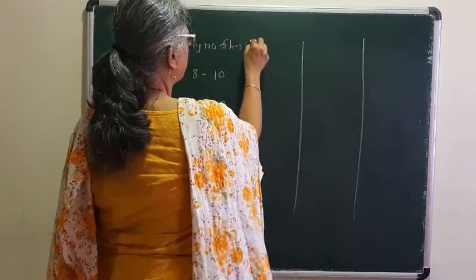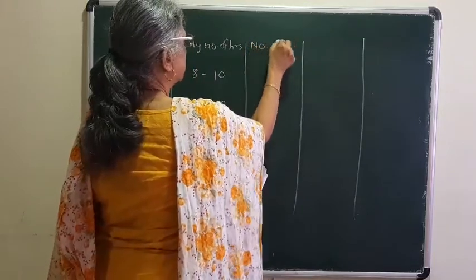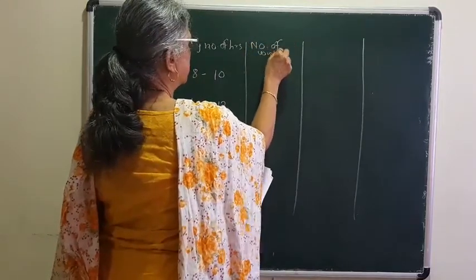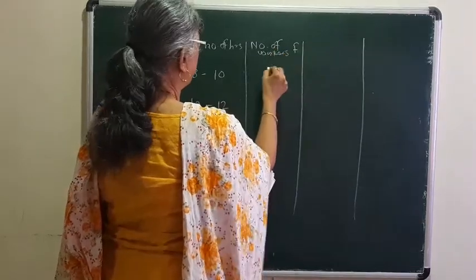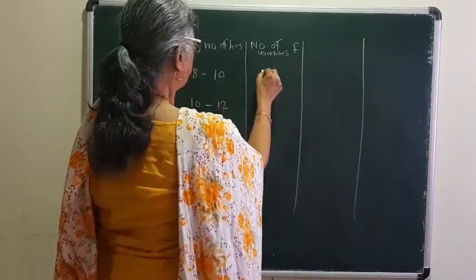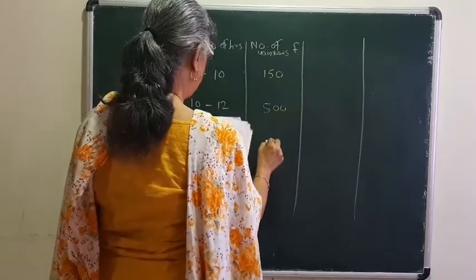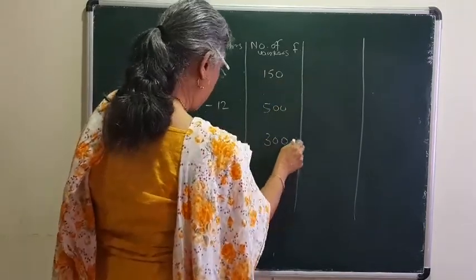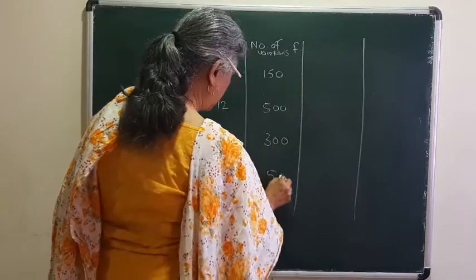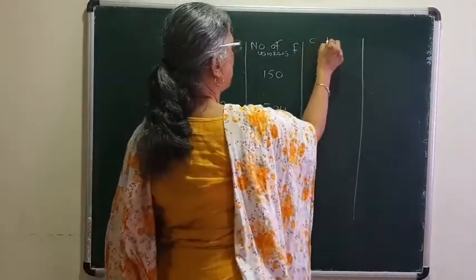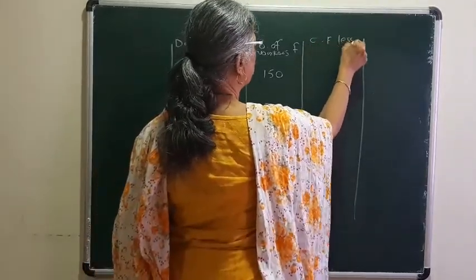Then number of workers, that is the frequency here. So 150, 500, 300, and lastly 50. Then you have to prepare the column CF less than type.